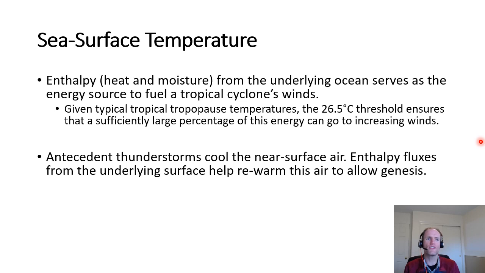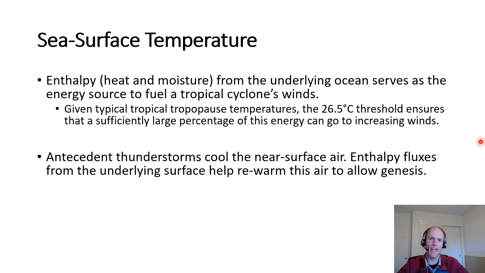Furthermore, this sea surface temperature value provides a minimum threshold for rewarming the atmosphere. And by that I mean we have antecedent thunderstorms, whether that be with an African easterly wave, a monsoon disturbance, or along the intertropical convergence zone. Thunderstorms form and they warm and moisten the middle troposphere, but the rain that falls out of them evaporates and cools the lower portion of the troposphere, that just above the ocean.